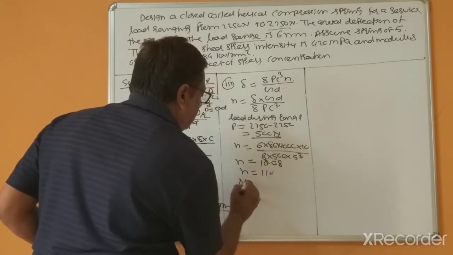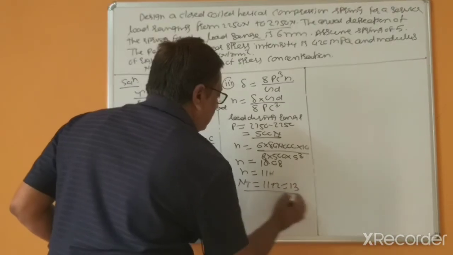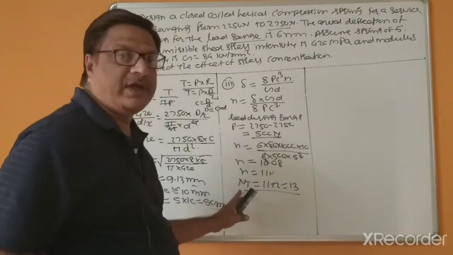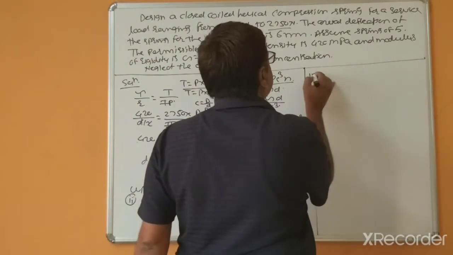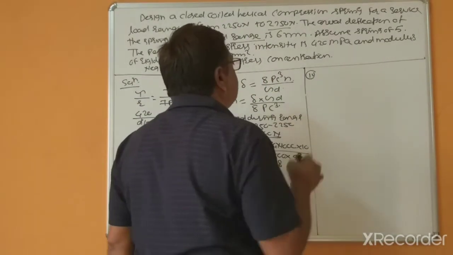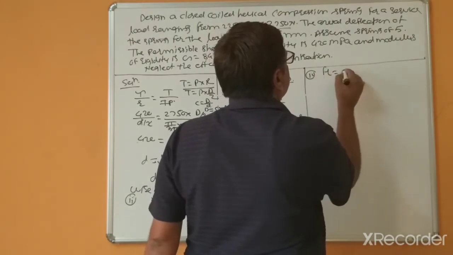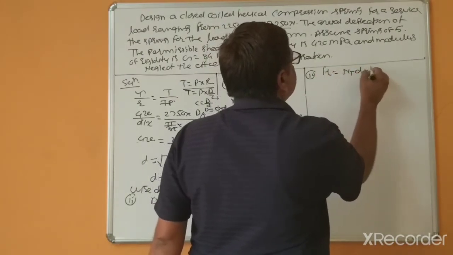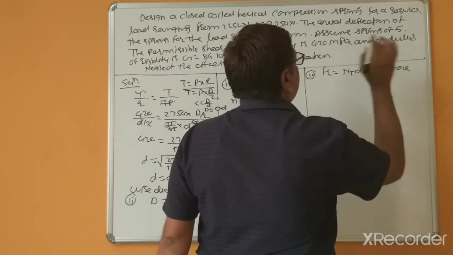And the number of total turns is 11 plus 2, equal to 13. Now you are familiar with why NT is equal to this. Next, the fifth step is the free length. Free length equals, what is the formula? NT into d plus 1.15 into delta max.